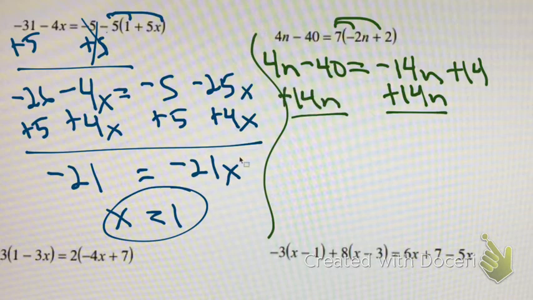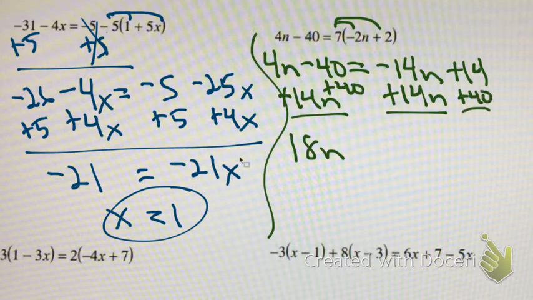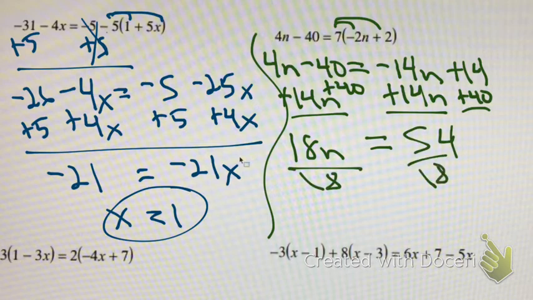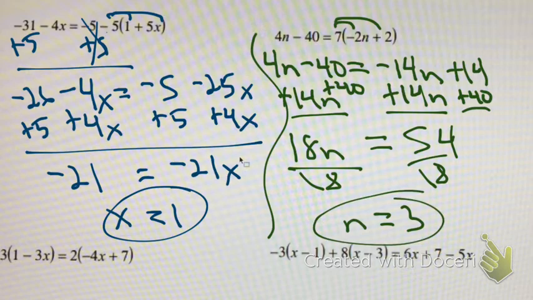So that gives me 18n. And if I add the 40 to both sides, 40 plus 14 is 54. Use a calculator, don't use a calculator. Either way, you divide by 18, and you get n equals 3. 20, 40, 60 would give me 60, but there's 2 less in each of the 18. So all good to go there.